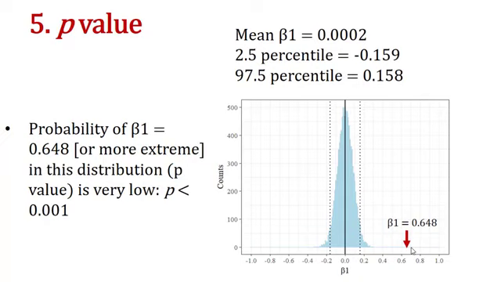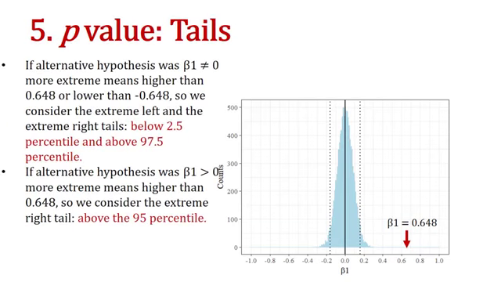Okay, so when I said more extreme, it depends on the hypothesis. So let me show you this in the next slide. If the alternative hypothesis was beta 1 is different than 0, so we didn't establish before the experiment whether we expected a higher beta 1 than 0 or a lower beta 1 than 0, then more extreme means values higher than 0.648 or lower than minus 0.648.